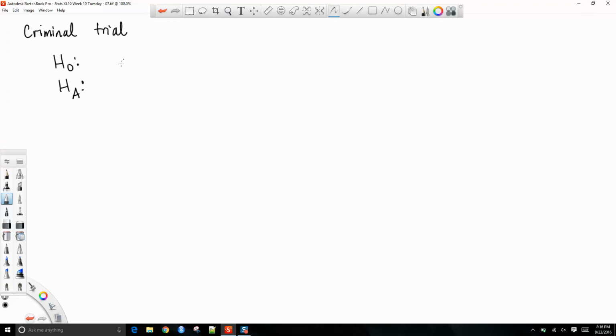Yeah, so the null is that the defendant is innocent, because we are presuming the null hypothesis to be true until the evidence points us to reject that, okay?